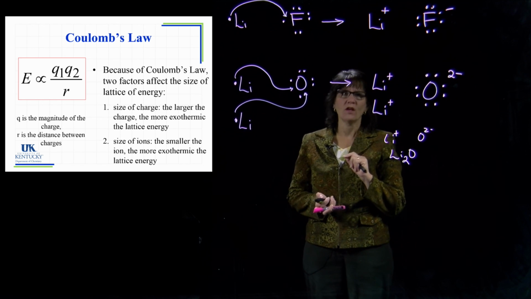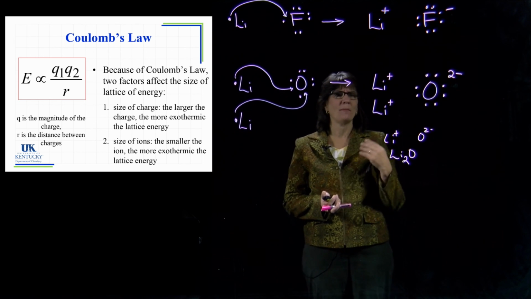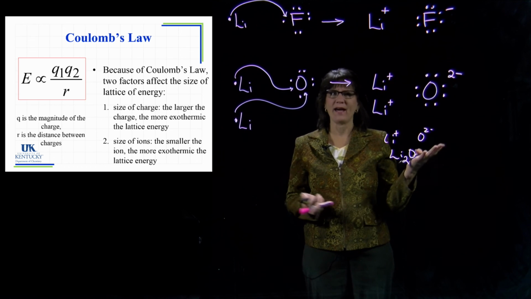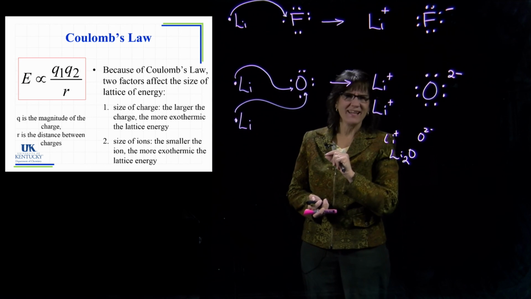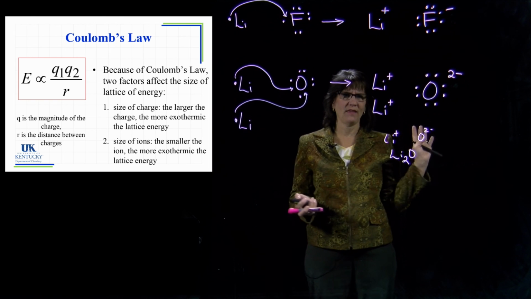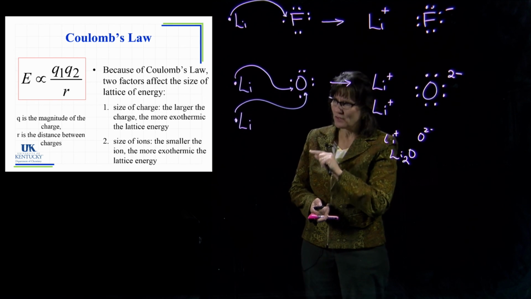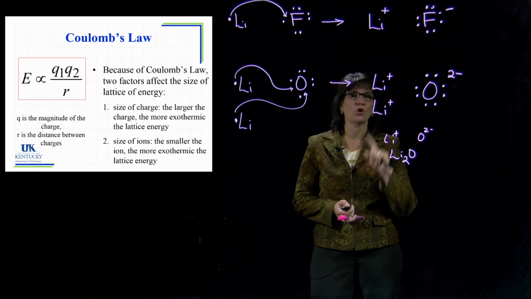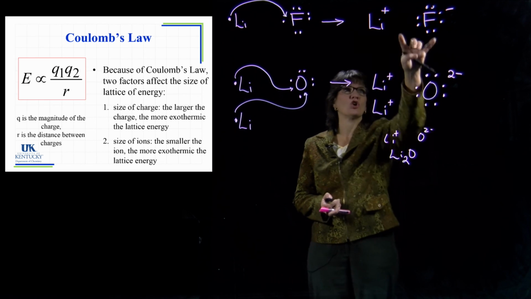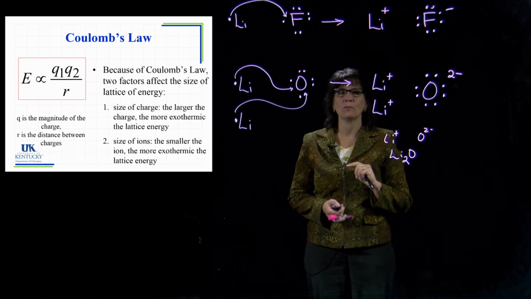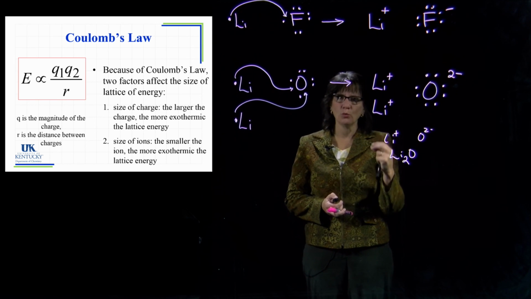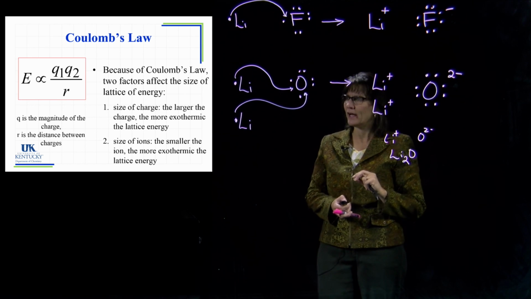So you have to remember those. Time and time again, I'll have students come back to me and say, I don't know how to do this problem. And this slide, they look at it and they think they're done with it. But know that you have got to know these two things affected in that order. You first look at the size of the charge, and then when the charges are the same, then you will whittle down and look at the size of the ions.